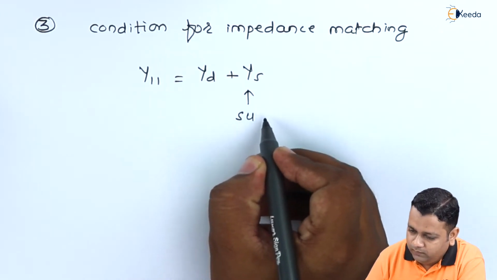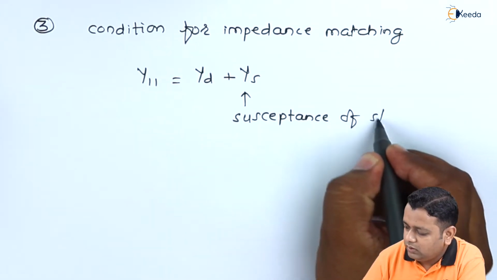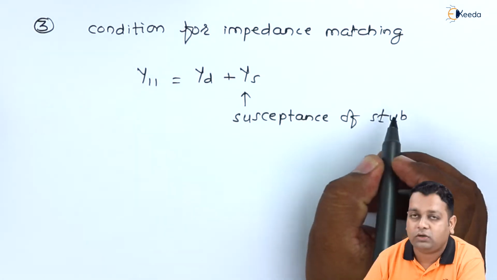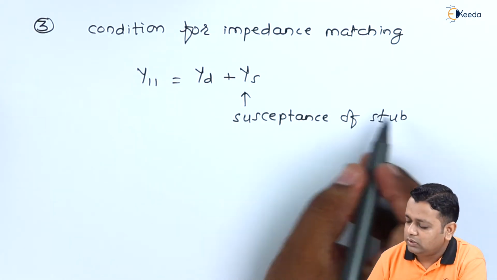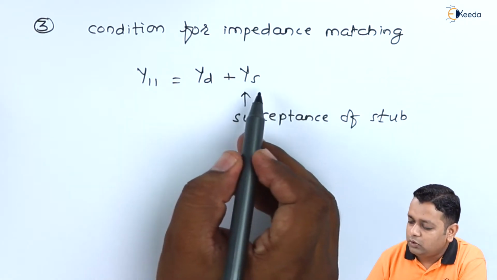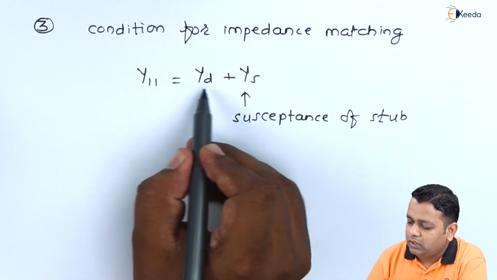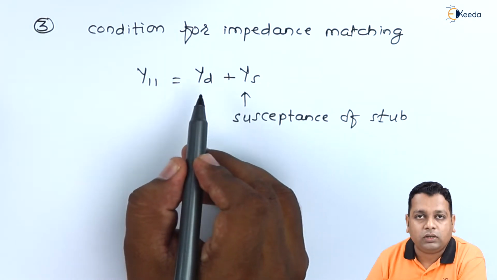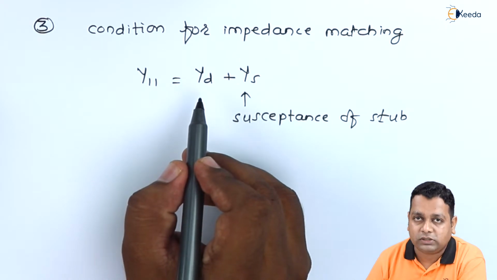So I mention here susceptance of the stub, or you can say it to be the contribution from the stub in the form of susceptance to be added to that of the susceptance for the microwave main transmission line.